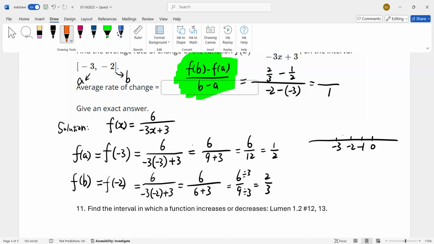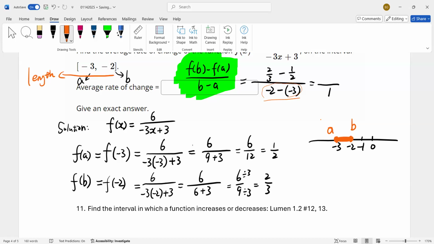In this case, we have a left endpoint -3, that is a. We have a right endpoint -2, that is b. The denominator of the formula basically is the distance between a and b. In other words, it is the length of the interval.